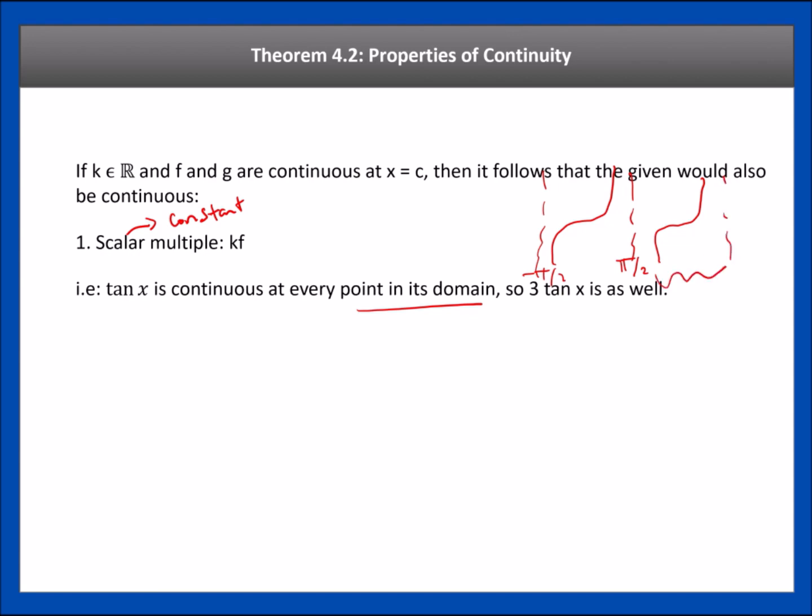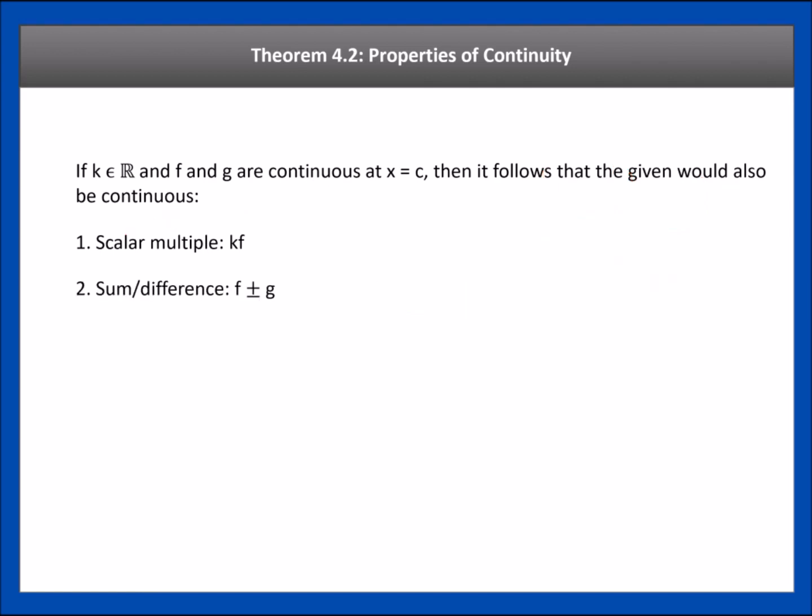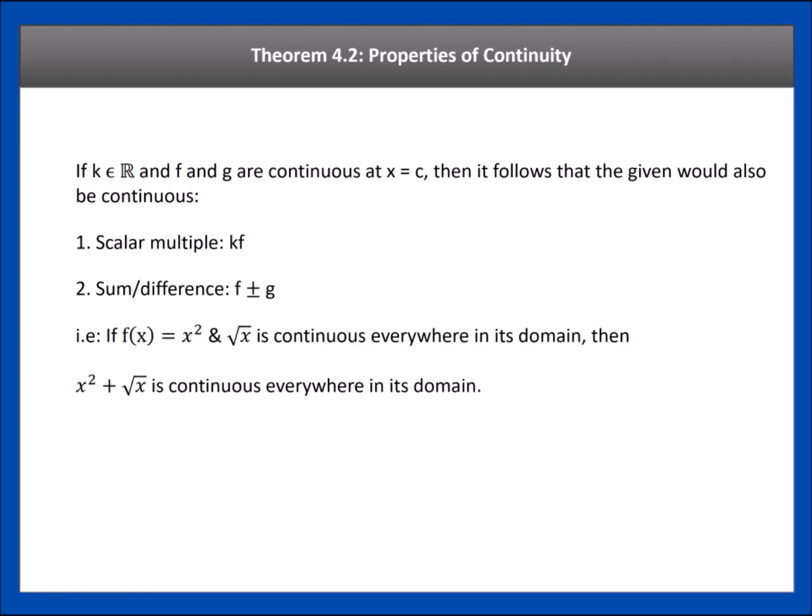Like basically between the asymptotes, we know it's continuous. If that's true, then that means if I multiply tan by 3, that must also be continuous, okay? All right, so now let's look at the sum or difference. If I take two functions, f and g, and they're both continuous at c, then the sum or difference must also be continuous.